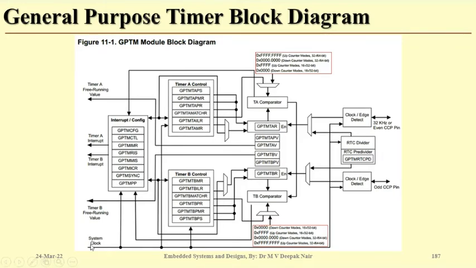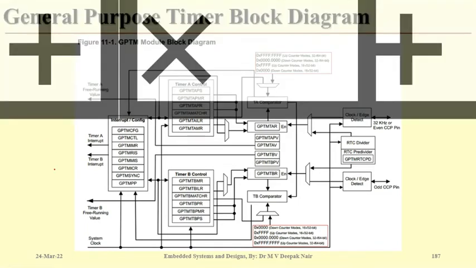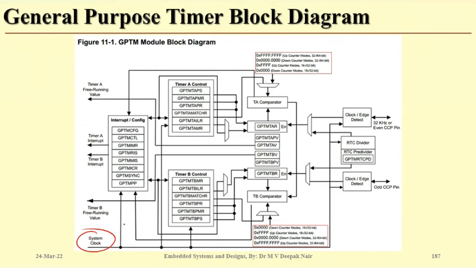Of course it takes a system clock. Here you can see there is a system clock. It will take the system clock, and then you can have free running timers also. It can keep on free running. That means reload, then again go to 0, reload, again go to 0, or vice versa also, because this timer can make up counting and down counting both.